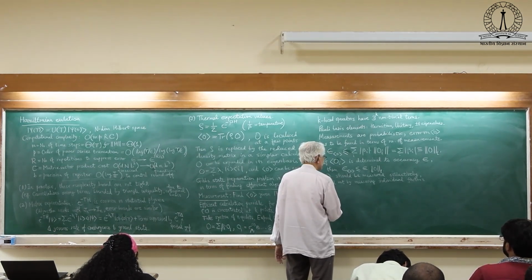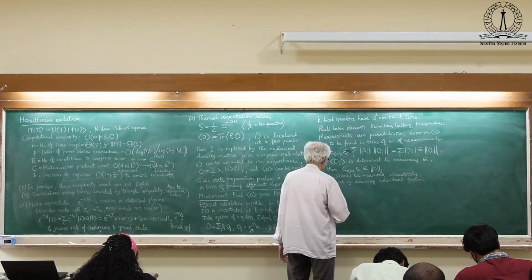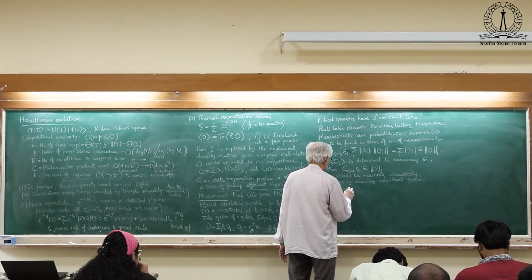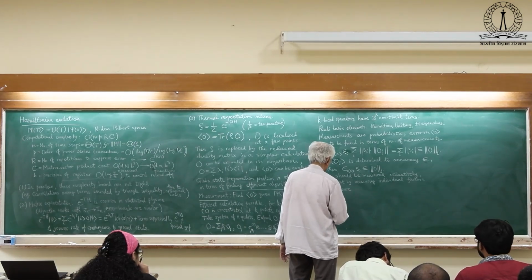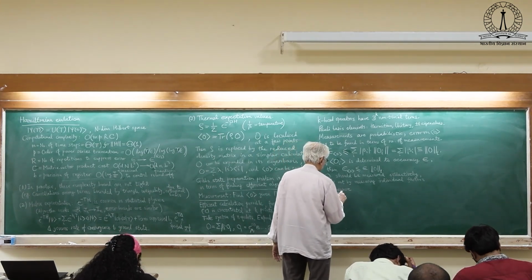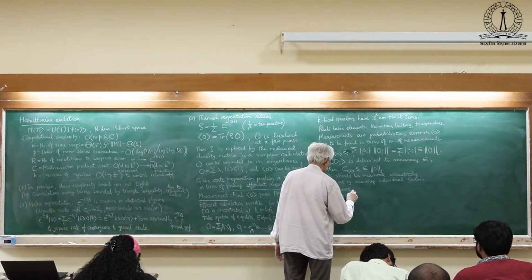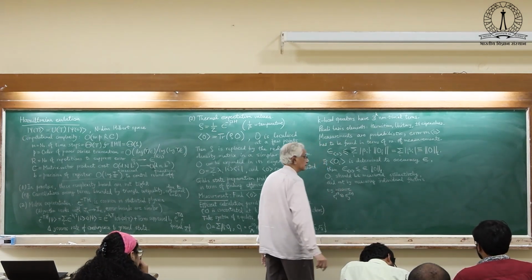So, for example, measure say sigma 1 on the first qubit and sigma 3 on the second qubit.